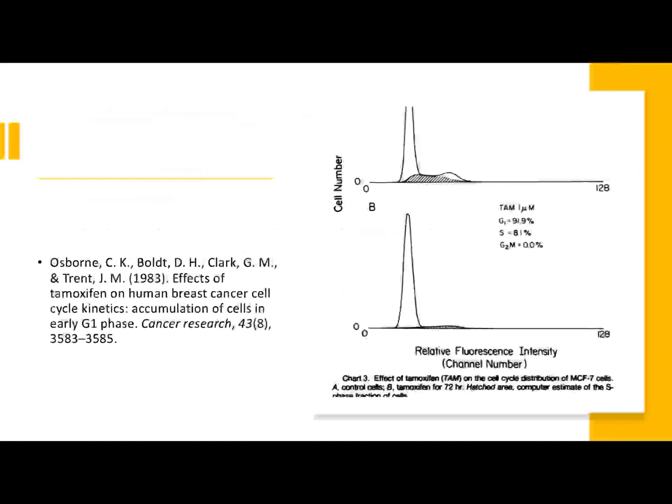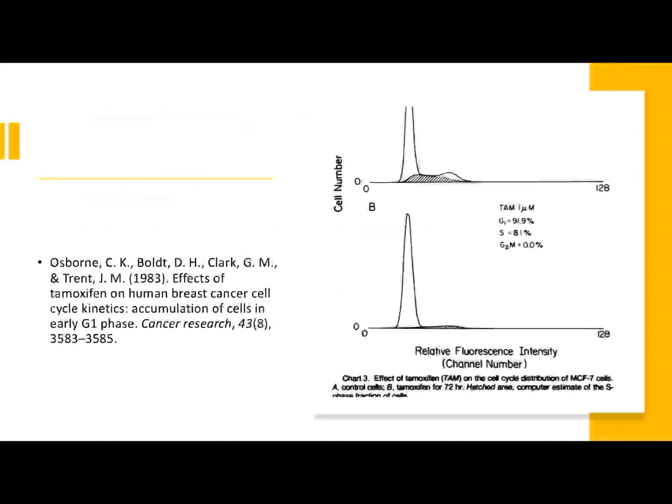Tamoxifen treatment resulted in a marked accumulation of cells in the G1 with 92%. When experiments were carried out for longer time periods, which was around 6 days, cells exposed to tamoxifen remained in the G1, indicating that the block in the G1 phase was not temporary.